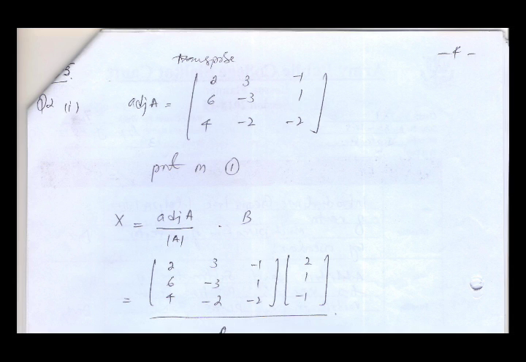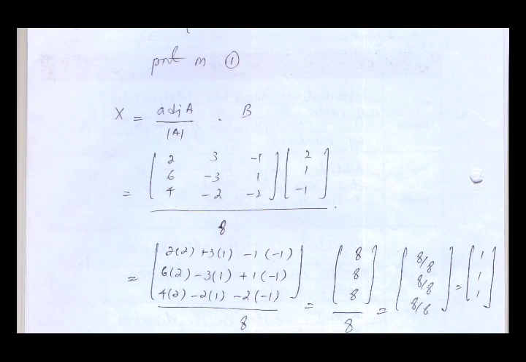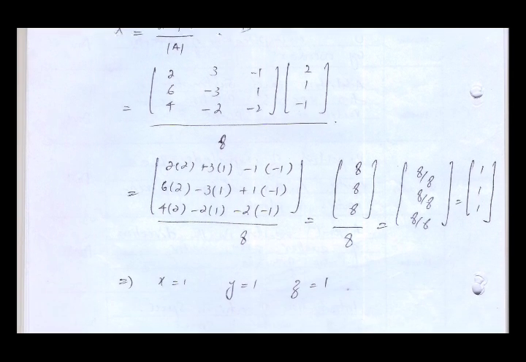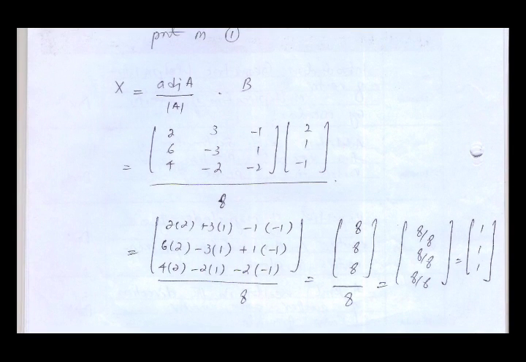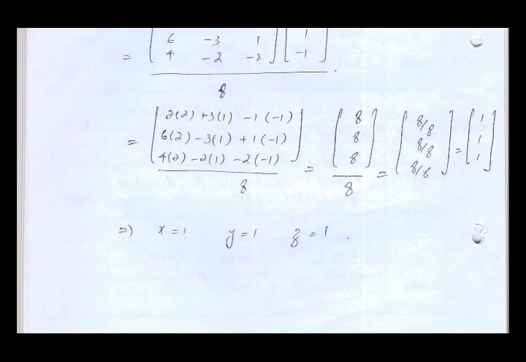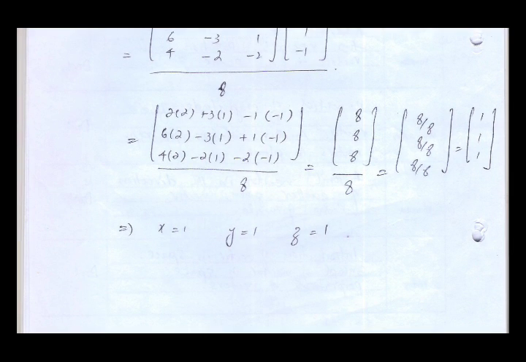First we find the cofactors, then we take the transpose of the cofactors. It is equal to the adjoint of A. Now X is equal to A inverse B, which means adjoint of A over determinant of A multiplied by B. We multiply these two matrices row into column, because we have only one column and single values are in the answer, and we divide by the determinant, which gives the values of x, y and z.